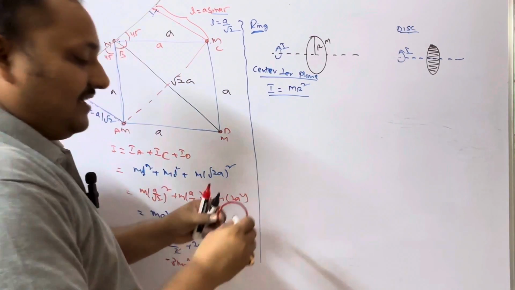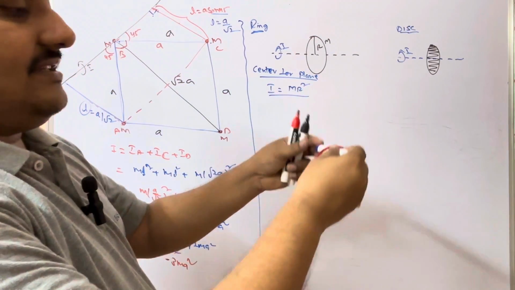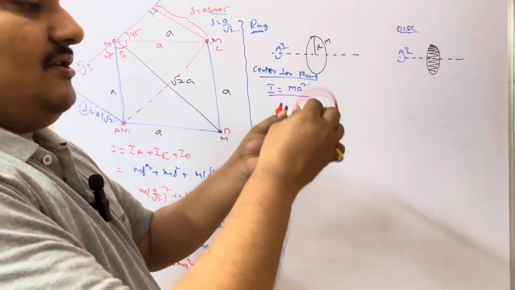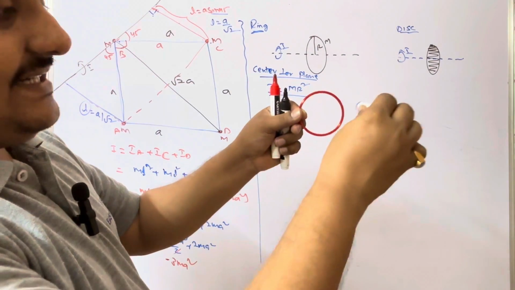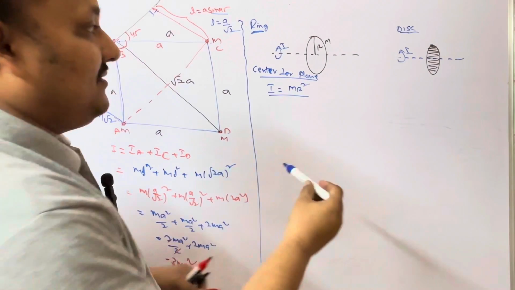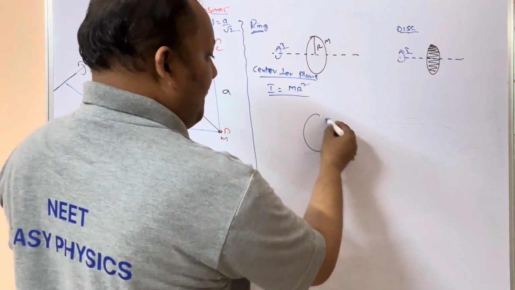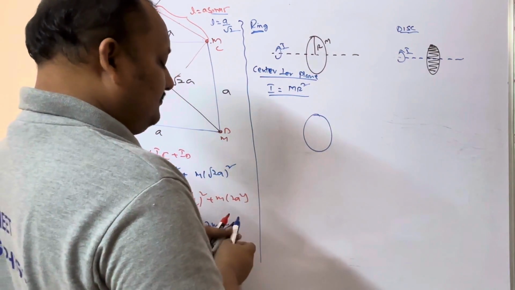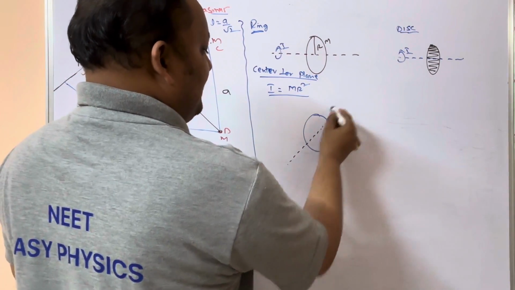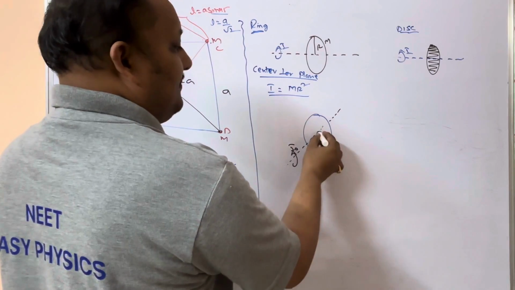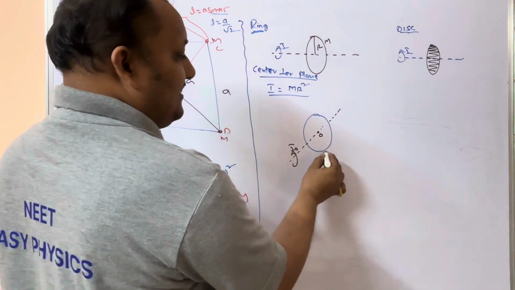Next, another one. If the ring is going to be rotated like this, this is the axis. This axis name is tangent perpendicular to its plane. If this is the ring, this is one axis which is passing through its center. Another one is this one.